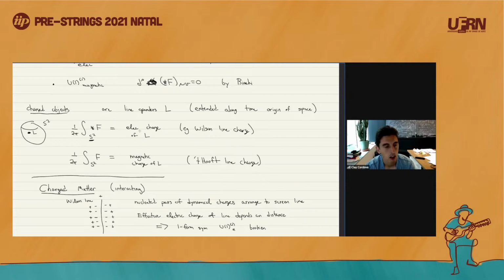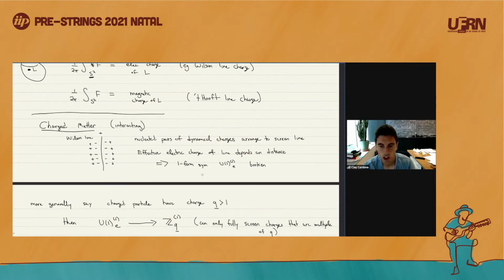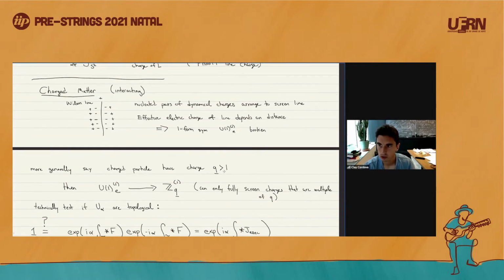Now, the discussion about the screening, which set us up for the non-abelian case, was to say that if you have some dynamical charged things, say of charge Q greater than 1, then it doesn't make sense to ask about the integer electric charge of a line, because that is distance dependent.